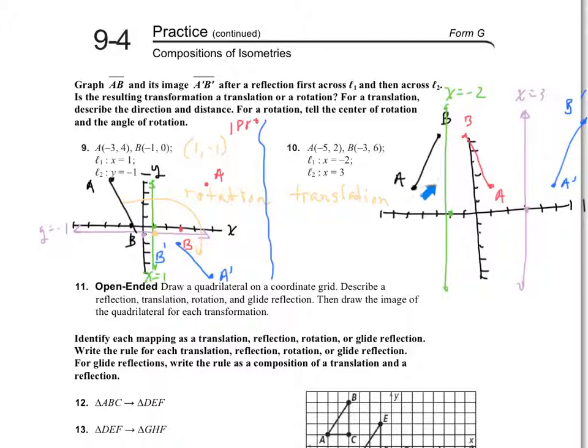If you look at the distance that A has traveled, just look at point A. A went from here to here 5 units, and then from here to here 3 more units, so that makes 8, and then from here to here 2 more units, so that's 10. So we have a translation of 10 to the right, and we didn't go up at all. So a translation of 10 to the right.